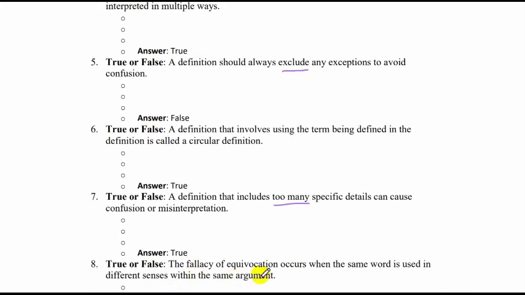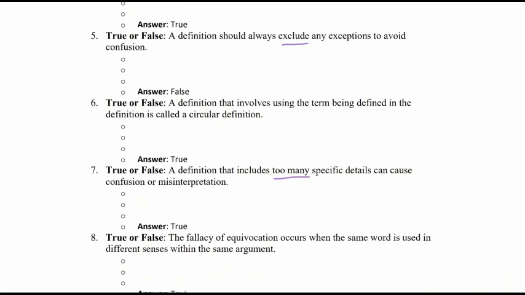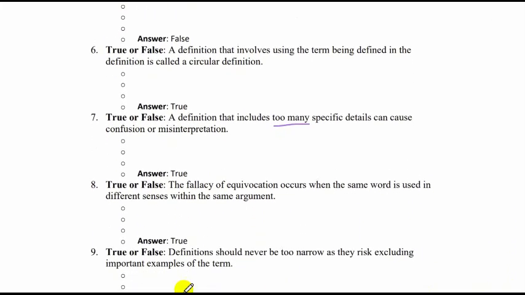The fallacy of equivocation occurs when the same word is used in different senses within the same argument. True. Definitions should never be too narrow as they risk excluding important examples of the terms. Correct. True.